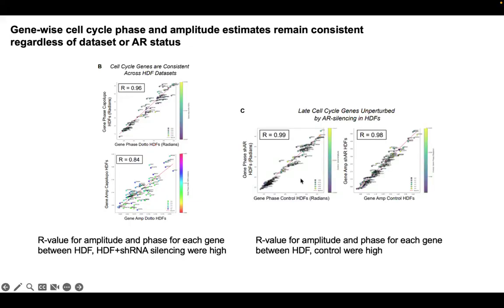Even more, they compared the HDF with shRNA silencing and the control. They very highly coincide. So this means that AR status does not matter for the cell cycle in this case. They conclude with this analysis.